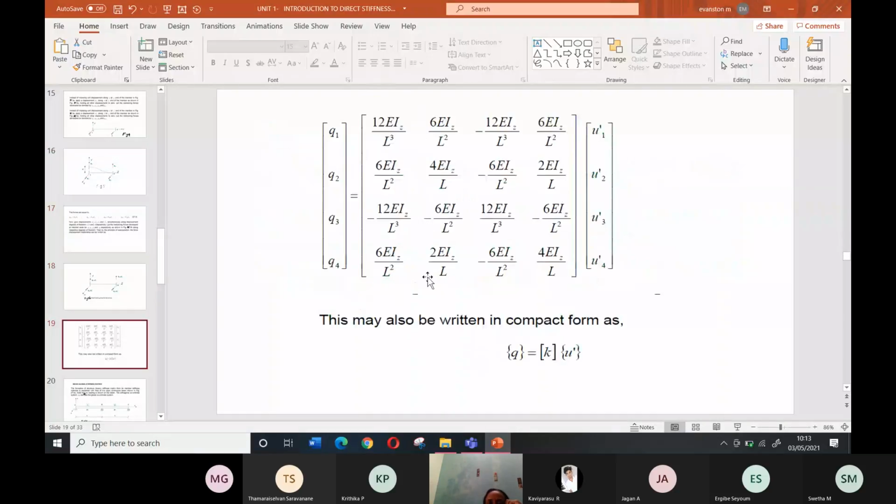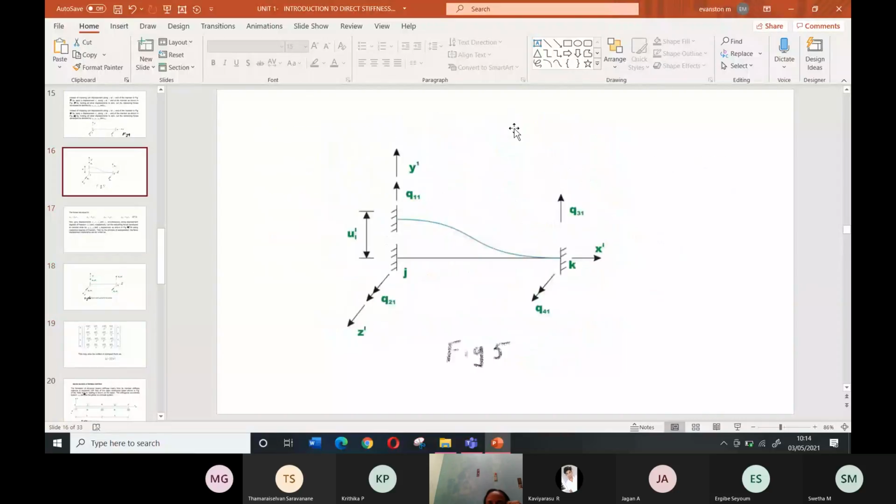Suppose I give you the value of unit displacement at A, find out the stiffness coefficients. Then you have to write 12EI by L cube, 6EI by L square, minus 12EI by L cube and 6EI by L square. This is for the unit displacement at end A. The second column is unit rotation at end A. The third column is unit displacement at end B. Like this I have shown in the view.